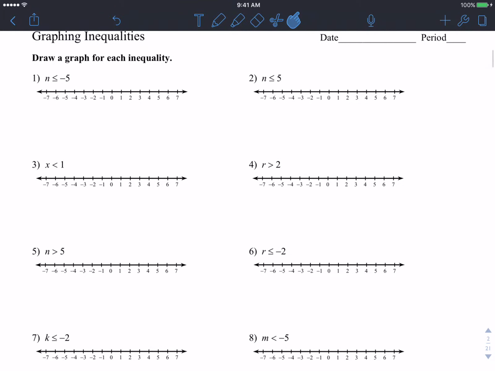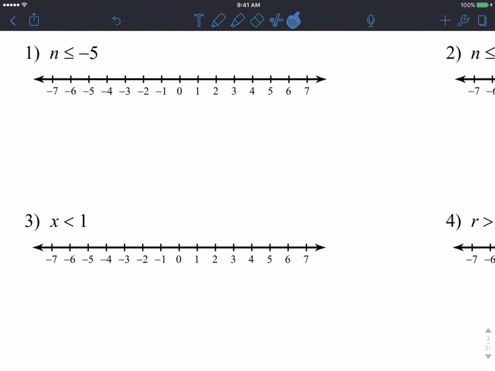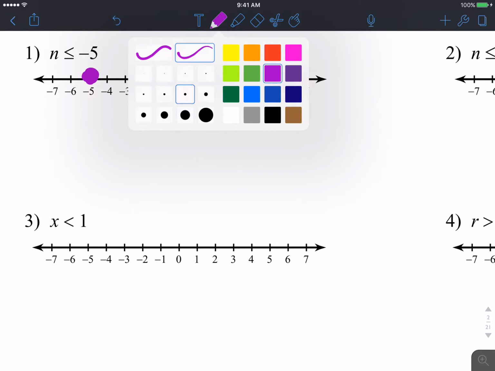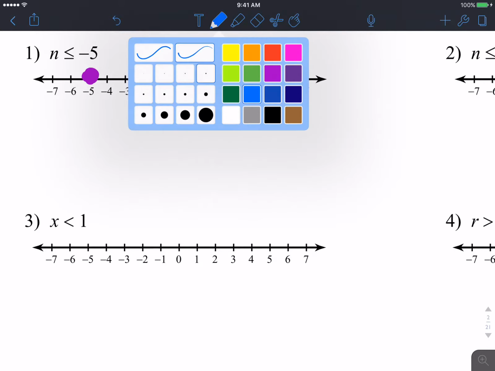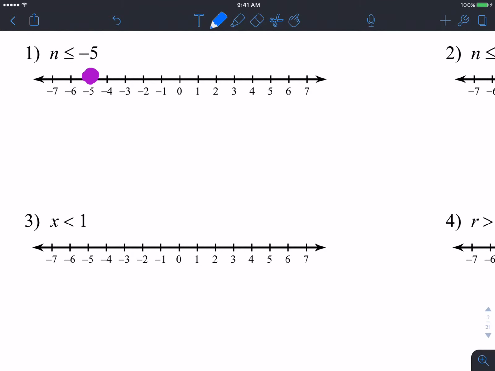On your worksheets, I believe I filled out the first one for you. We're at -5. I'm making a closed dot here. And n is less than or equal to that number. So I'm going to test a point. If I test -6, is -6 less than or equal to -5? Yes, it is. That's true.